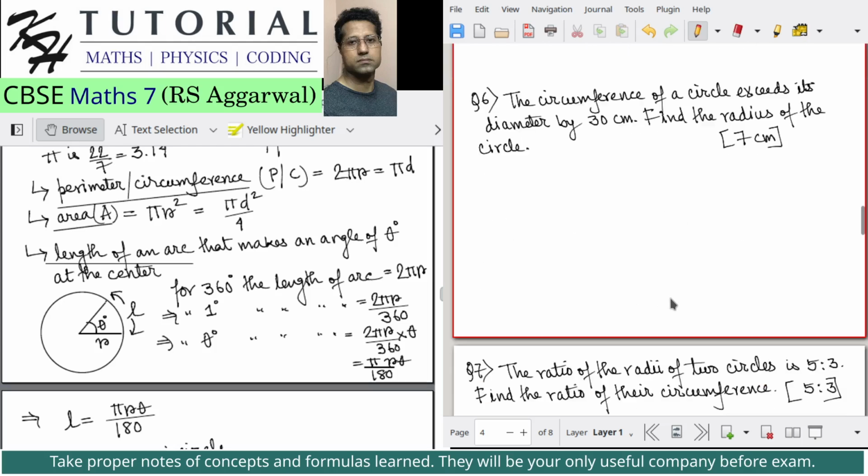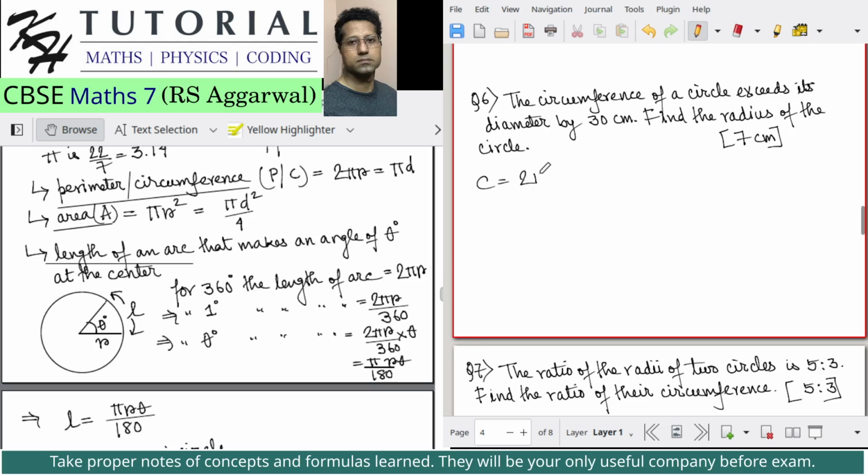Question number 6. The circumference of a circle exceeds its diameter by 30 centimeter. Find the radius of the circle. The radius is unknown. What is circumference?